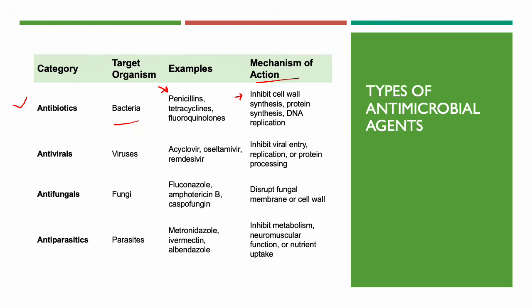antibiotics that inhibit protein synthesis. For example, tetracyclines, macrolides, aminoglycosides. These all inhibit protein synthesis, which means they target somehow the ribosomes that are involved in synthesizing our proteins.